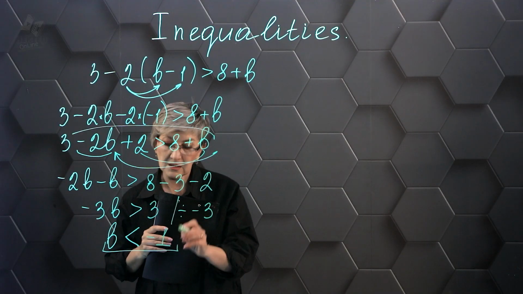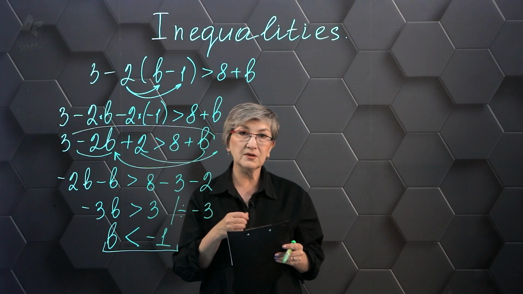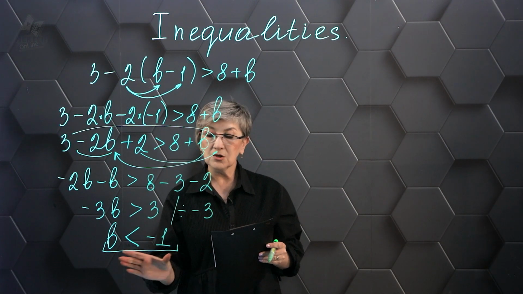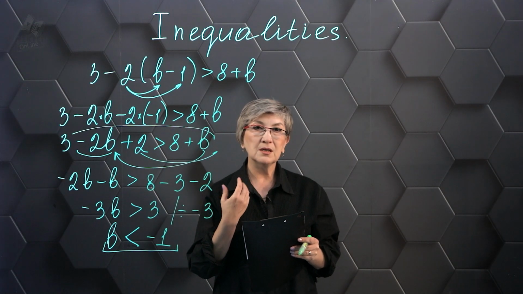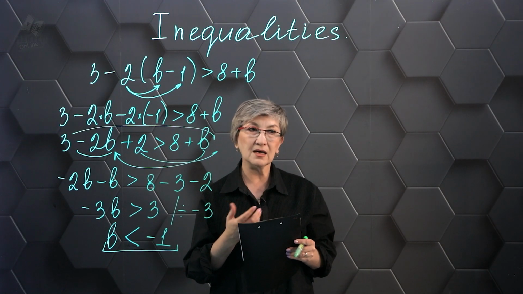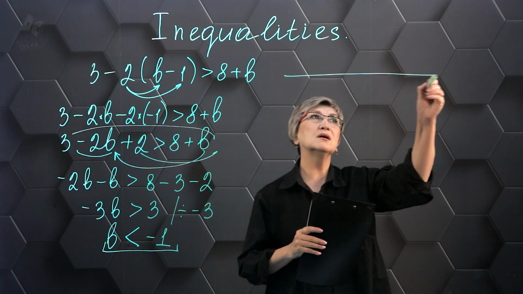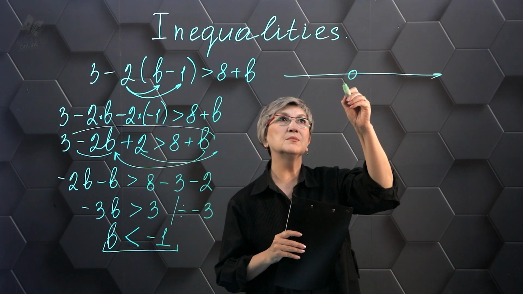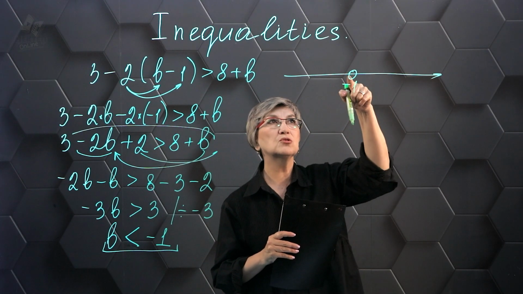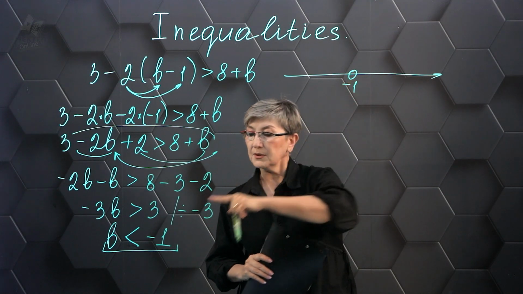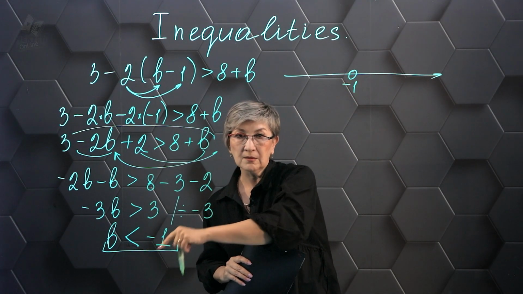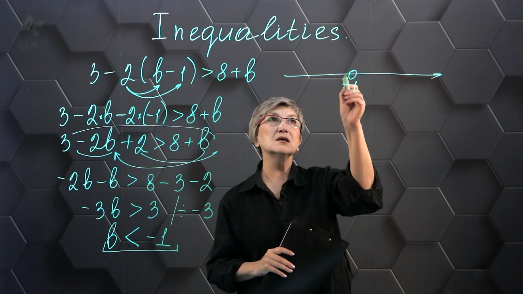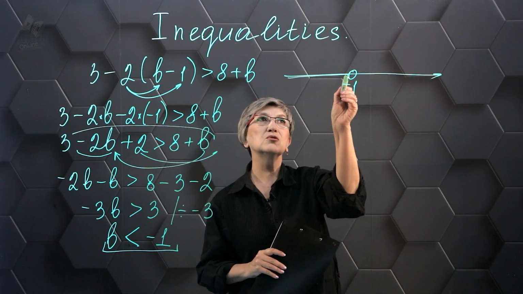This is the answer, but the answer is in the form of a numerical inequality. We talked about the fact that this answer we can depict on a coordinate line. To do that, we're going to mark the point minus 1. And this point will be empty because the sign is strict. All the numbers that are less than minus 1 will be on the left side.